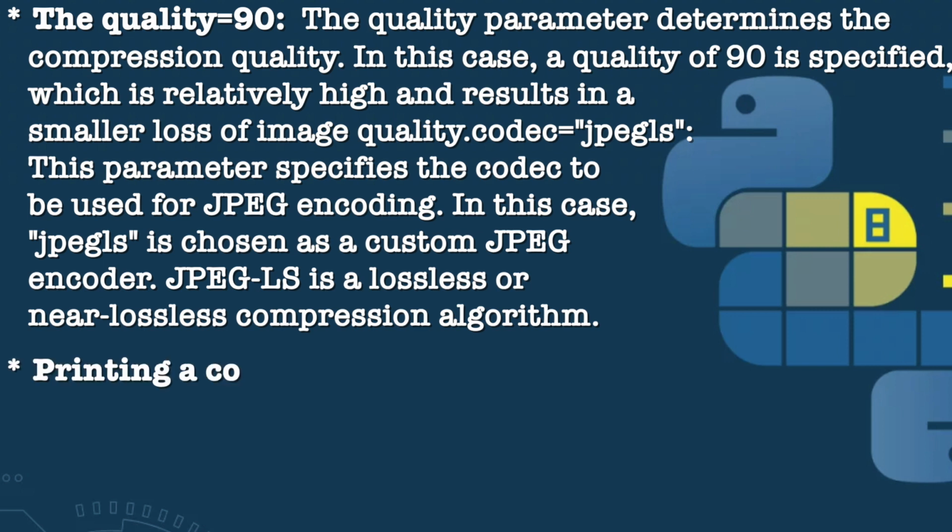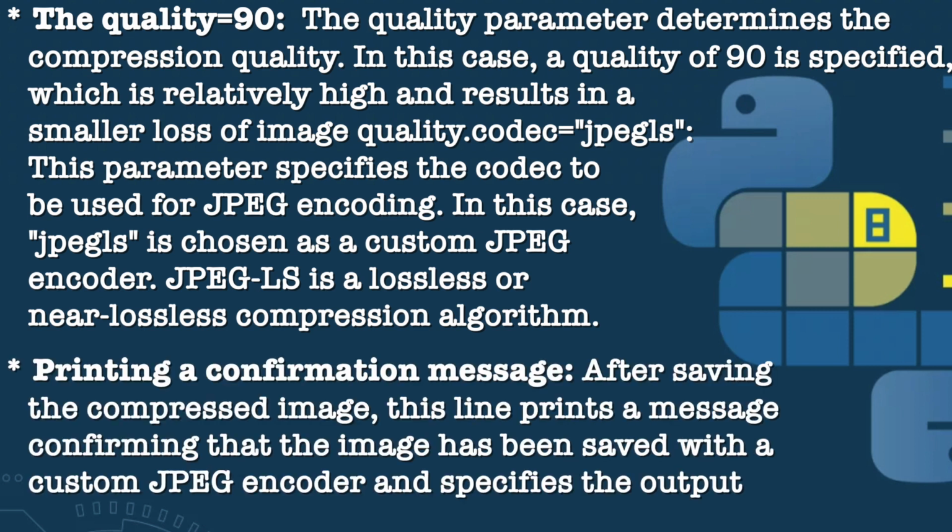And at last, printing a confirmation message after saving the compressed image. This line prints a message confirming that the image has been saved with a custom JPEG encoder and specifies the output file's name. By using the imageio library with the JPEG-LS codec and a quality level of 90, you can save the image in a compressed file that is likely to have a smaller file size compared to the uncompressed image while preserving the image's original quality.